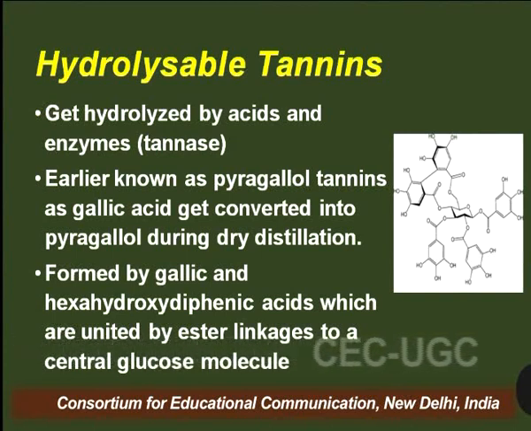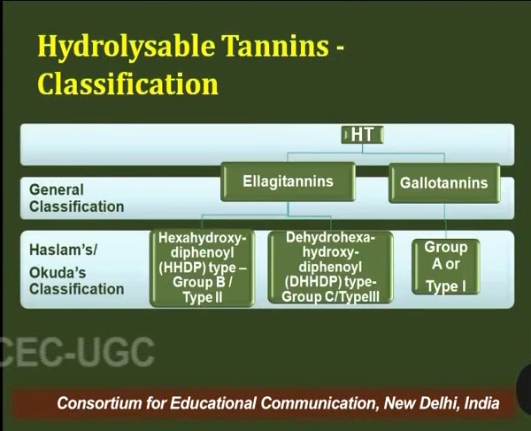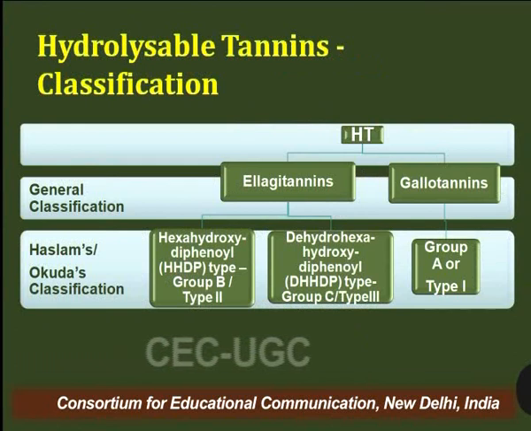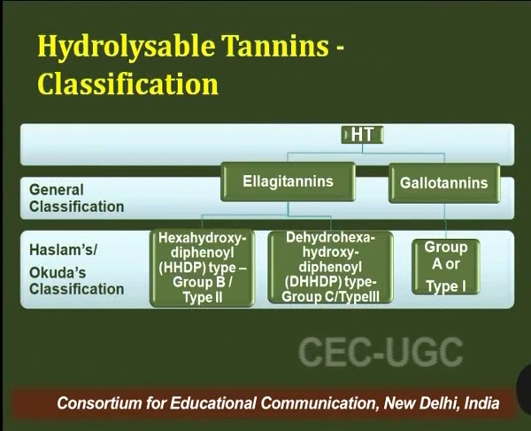Now these hydrolyzable tannins are formed by either gallic acid units or by hexahydroxydiphenic acid units, and this forms the basis of the further classification of hydrolyzable tannins. So we can say that hydrolyzable tannins are categorized into gallotannins and ellagitannins. This is the general classification of tannins.